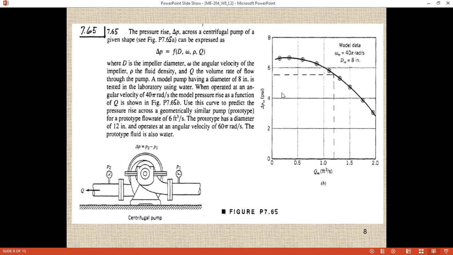So this is the relationship between the pressure drop across the model pump and the flow through the pump. Here you can see as the pressure drop is decreasing, the flow is increasing. If you have experience at home, when you start the pump with a hose pipe in your hand, the volume flow rate is much higher.